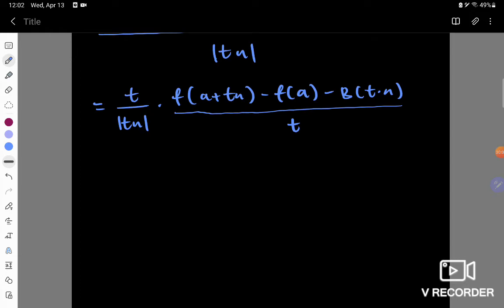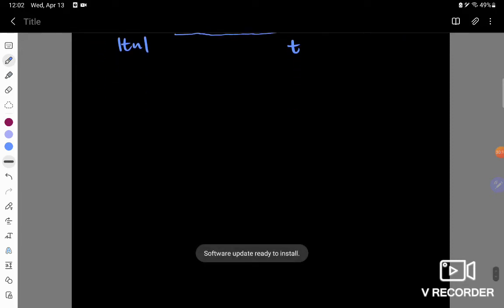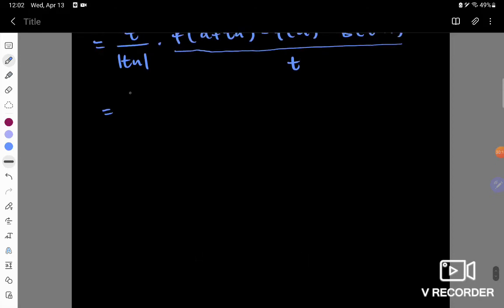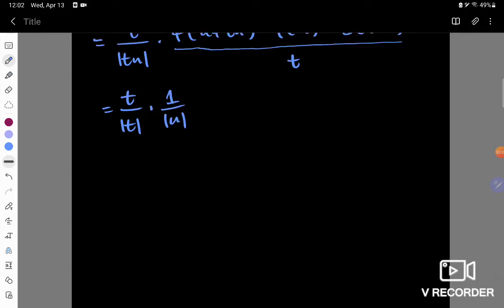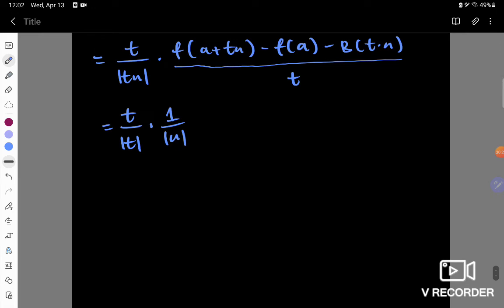Hence, by the property of homogeneity of linear maps, you can pull out this t as a scalar and cancel, as we will in two steps, actually. So first we'll do t over the norm of t times 1 over the norm of u. I should really say not absolute value, that's force of habit, it's just the norm.